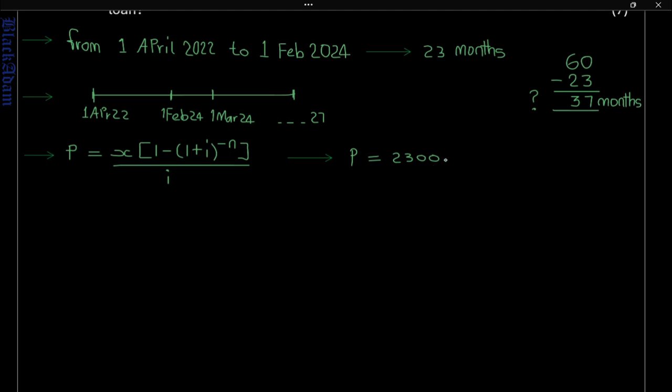So it's 2,398.98 multiplied by 1 minus bracket 1 plus interest rate, which is 0.135 divided by 12, with the exponent negative 37, all over 0.135 over 12.